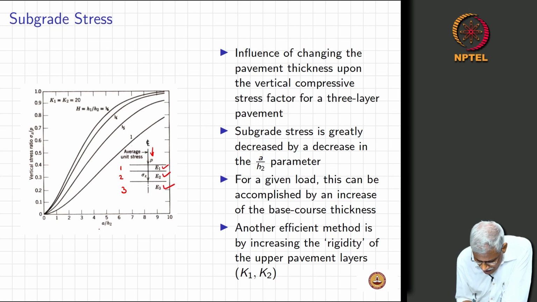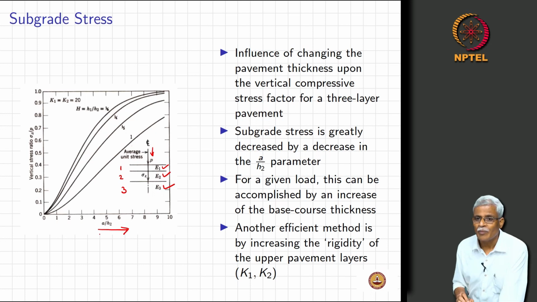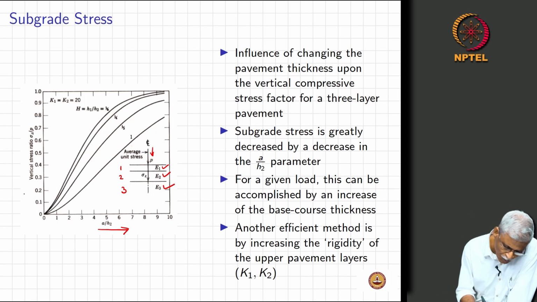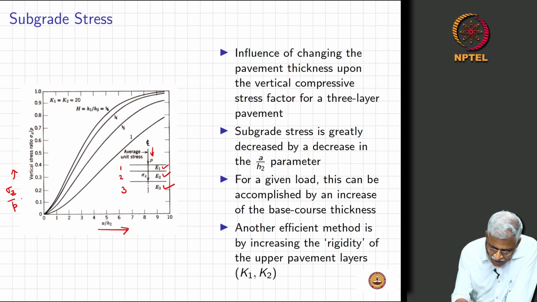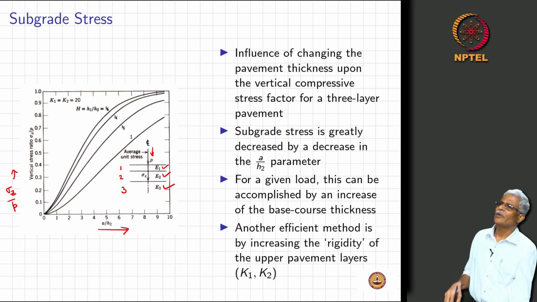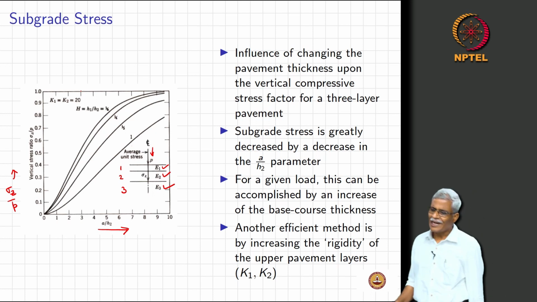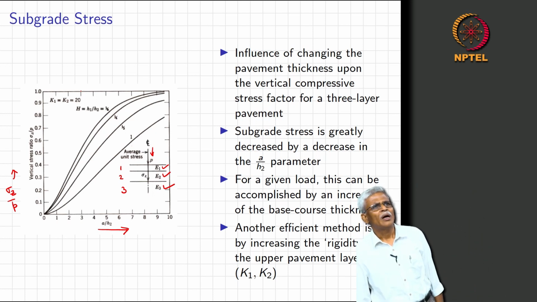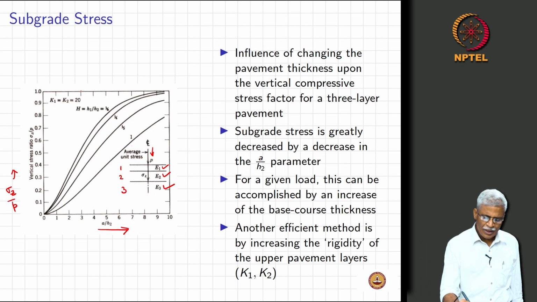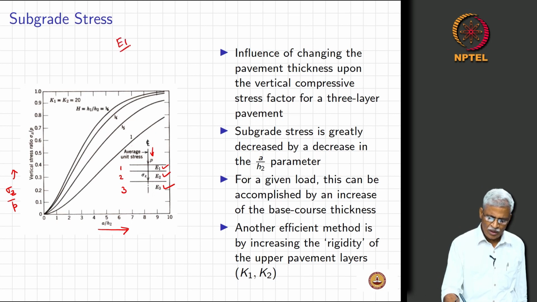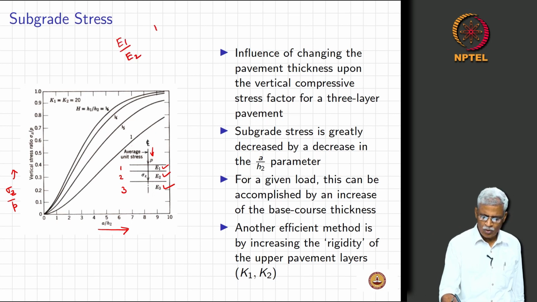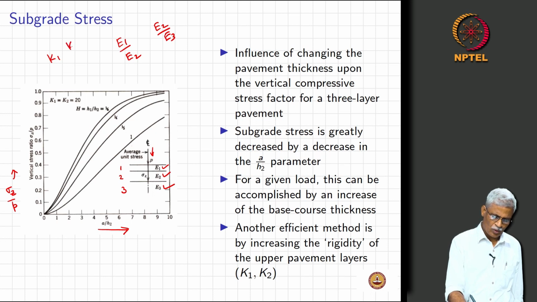Now what you are seeing here on the x axis is A by H2, and this is sigma z by P. In those days, especially when the exact formulations of the 3 layer theory were introduced, E1 by E2 and E2 by E3 were denoted in terms of K1, K2, etc.